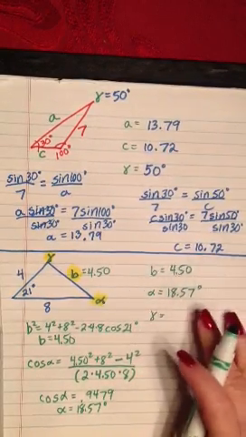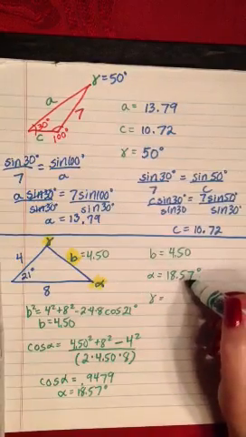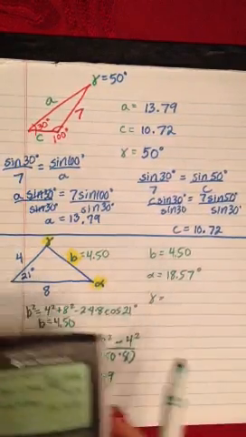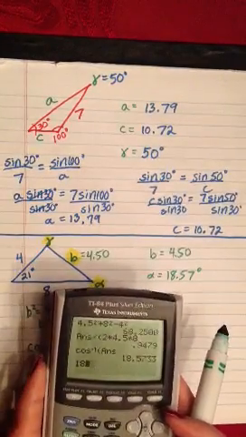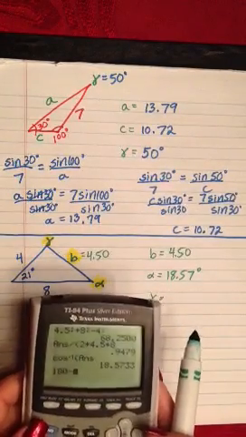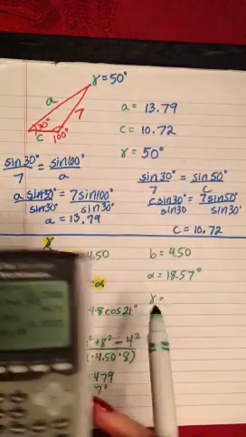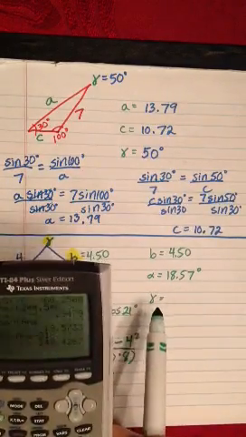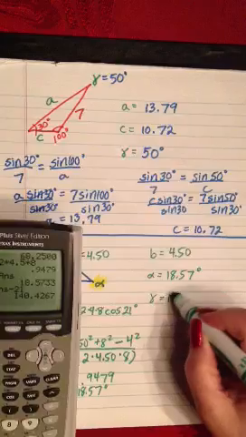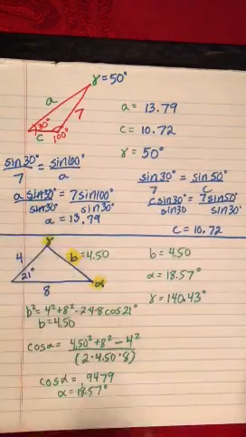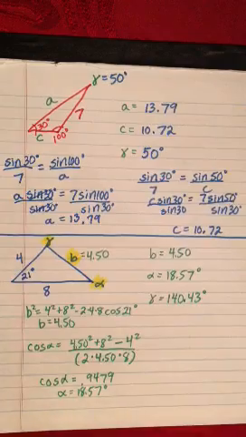And if I know alpha is that, and I know the other angle was 21, to figure out the answer, I can just go 180 minus that 18.57 minus the 21 degrees that's here. And so that gives me left over 140.43 degrees. So now I've solved another triangle using law of cosines.